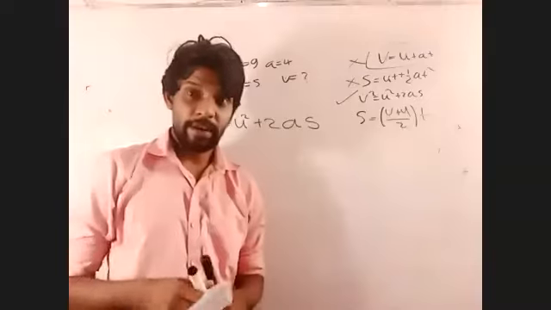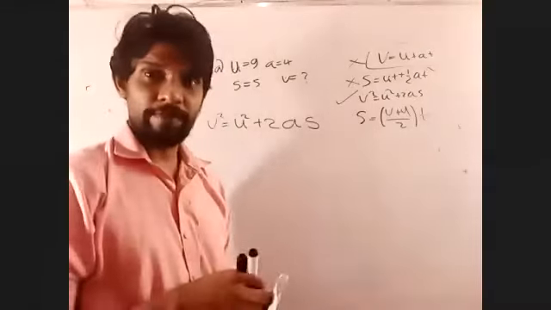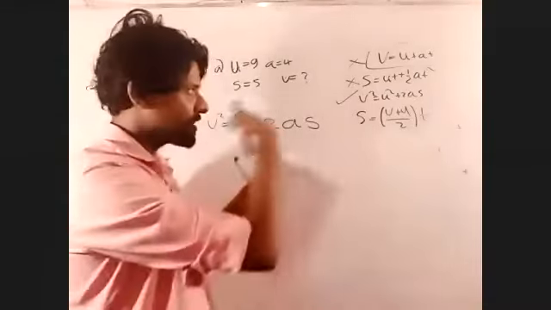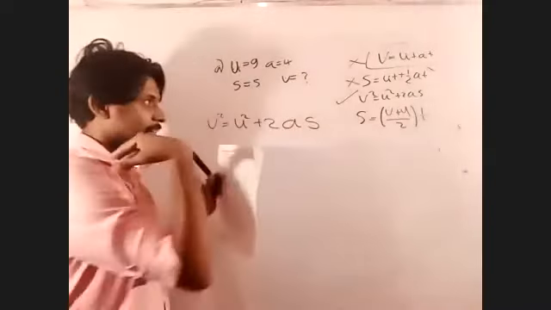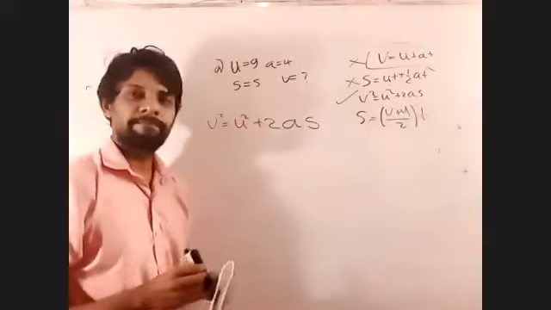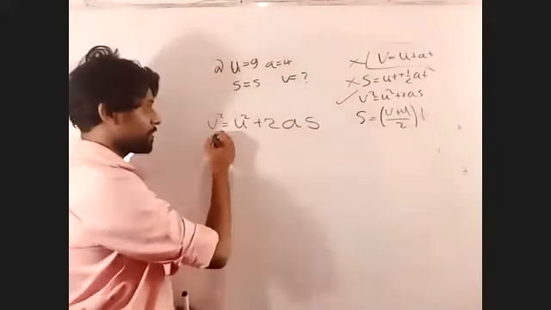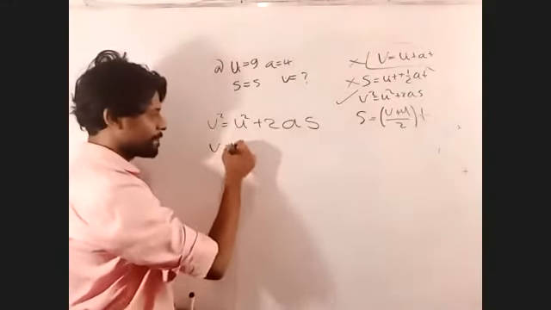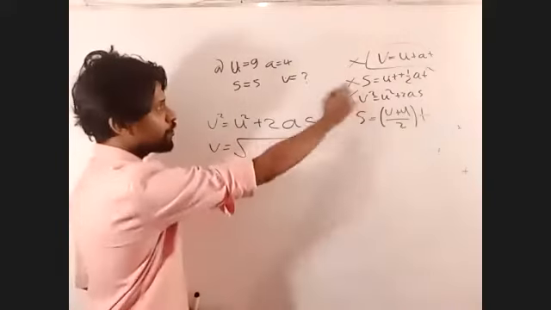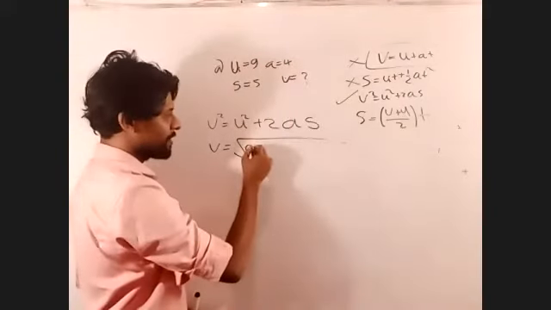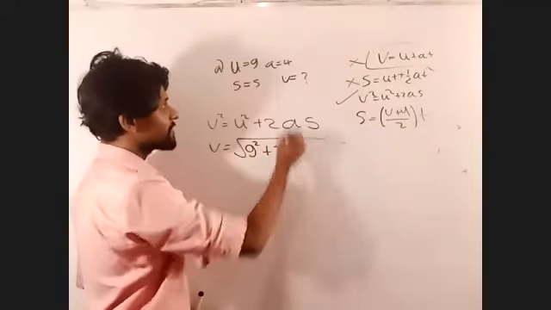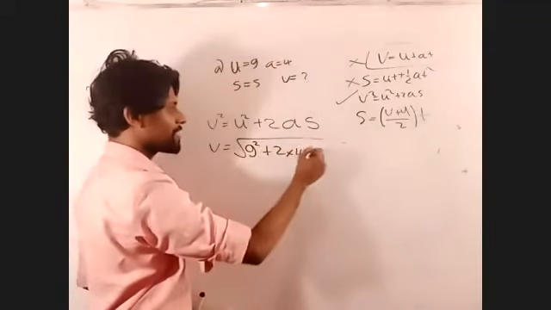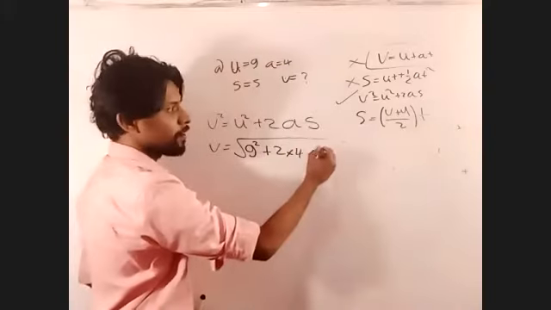This type of thing you are going to do for the first time in your life if you haven't crossed over this lesson already. So that's why the training is very essential. How to do that? V is the thing you need to find. And what is U? U value is 9. 9 to the power 2 plus 2 times what is A? A is 4. And what is S? S is 5.